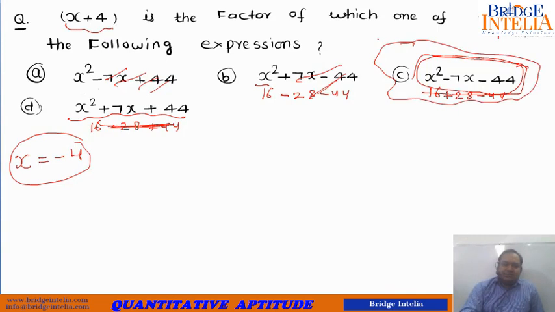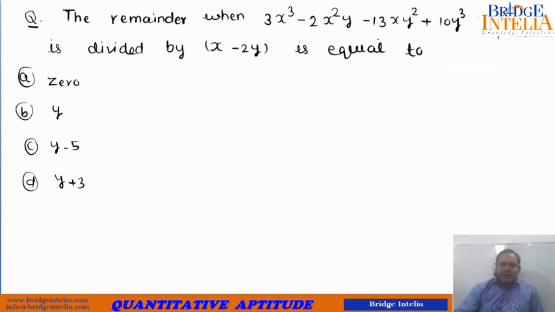Now let's move further. The remainder when 3x cube minus 2x square y minus 13xy square plus 10y cube is divided by x minus 2y is equal to what? The best way is, if you want to find the remainder, then equate x minus 2y equal to 0 and replace it.